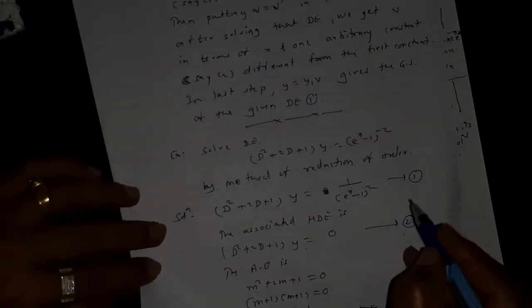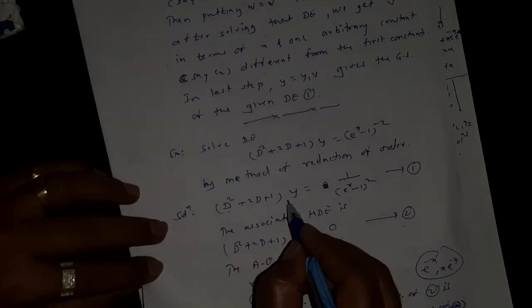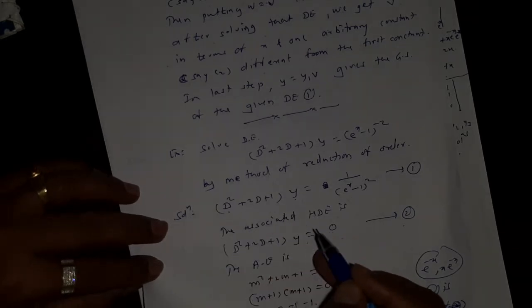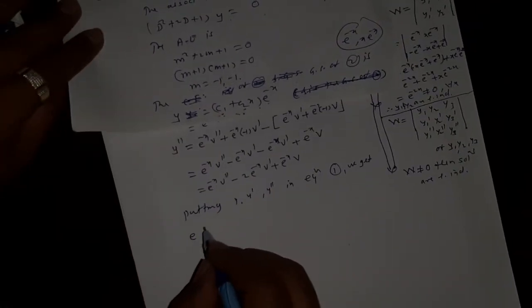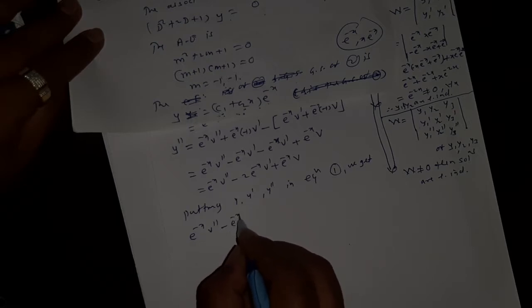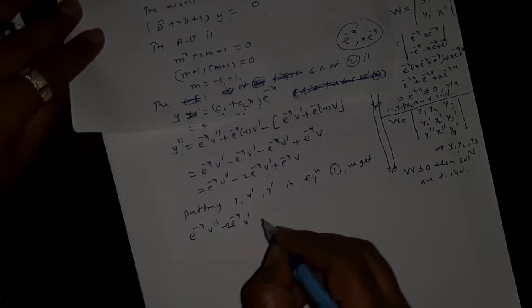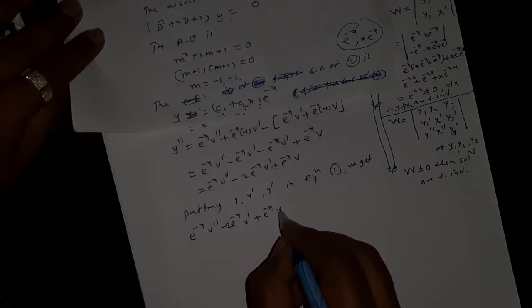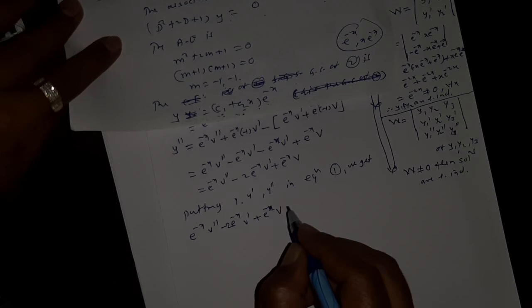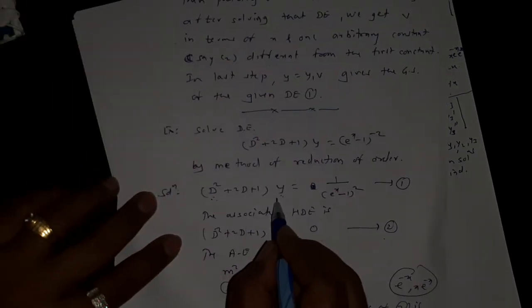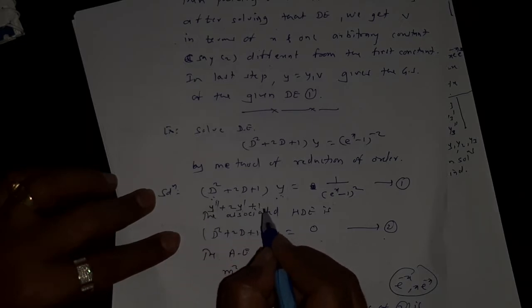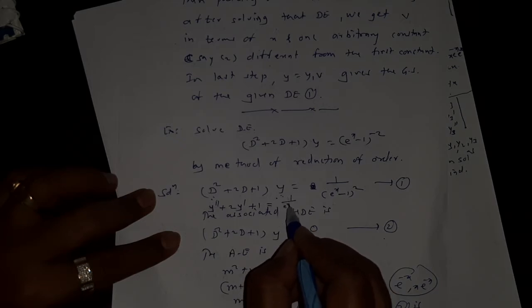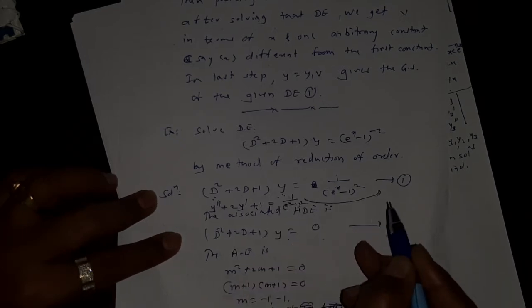This is equation 1: D square y plus 2 dy plus y is equal to 1 by e raised to x minus 1 bracket square. What is d square y? It means y double dash. So its value is e raised to minus x v double dash minus 2 times e raised to minus x v dash plus e raised to minus x v. This is equation number 1.